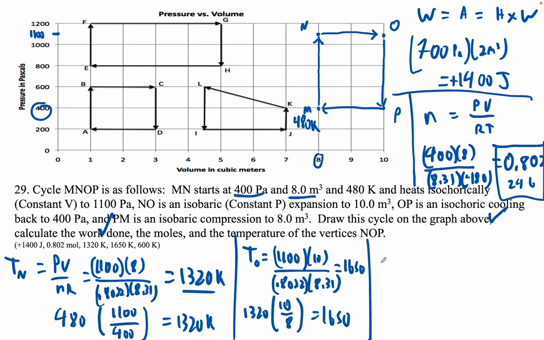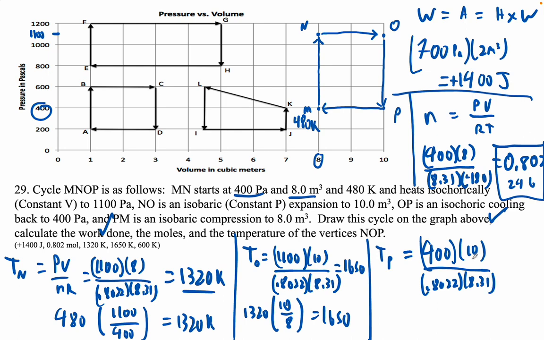All right, so let's see. Temperature TP. Let's find TP. Sorry, I'm not very mature. Okay. So this is the same thing, right? It's PV over nR, right? So P is 400 times 10 divided by 0.8022 times 8.31.